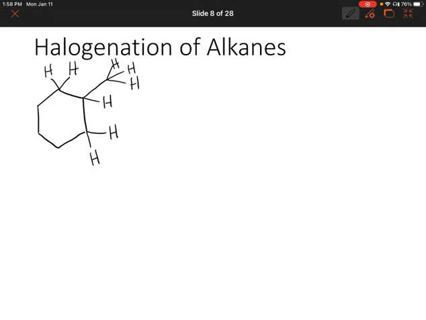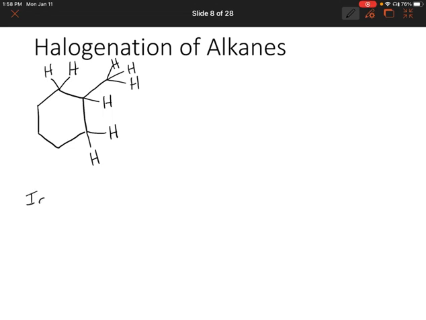And what we're going to try to determine is which hydrogen will be abstracted, or rather, which abstraction is going to result in the most stable radical.